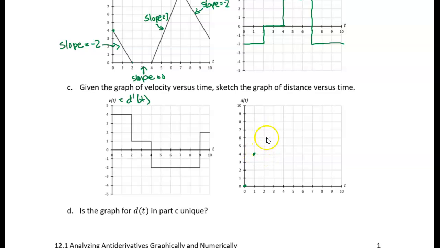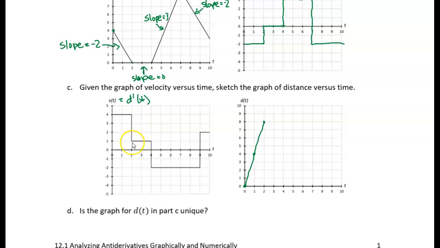Over the next second, I'm going to travel another 4 units. So over the first 2 time units, whatever those time units happen to be, my displacement is just a linear function over time. It has a constant slope because my velocity was constant over that time period.